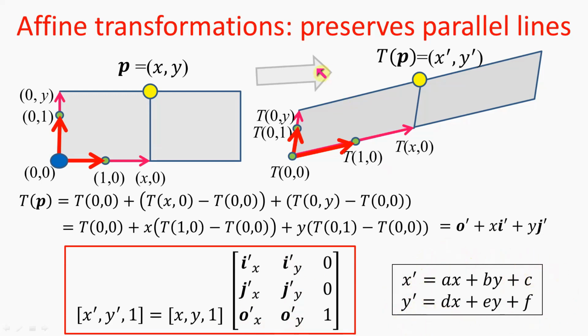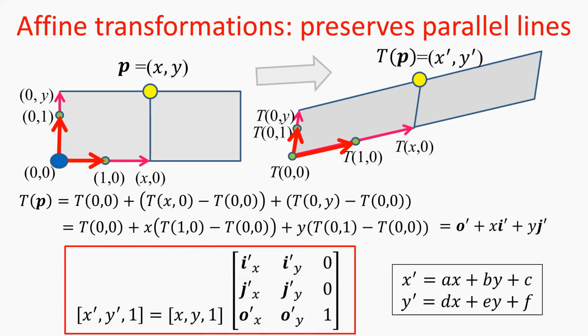So we can conclude that this affine transformation changes the Cartesian coordinates linearly, or can be expressed as a vector matrix multiplication where the 3 rows of the 3 times 3 matrix in case of two-dimensional transformations are the transformed i vector, j vector, and the transformed origin.